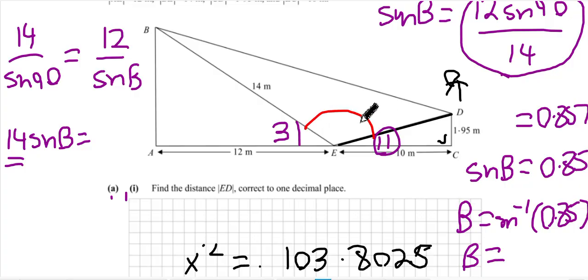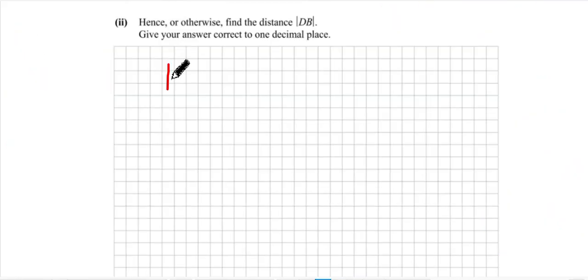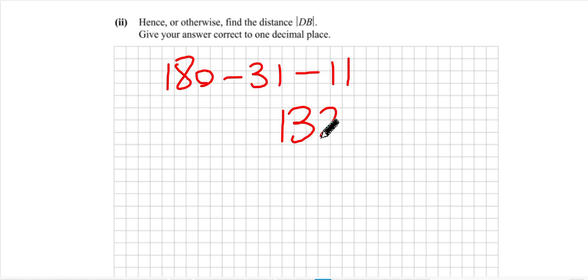How do we get this red angle here, guys? Take it away from 180. 180 take away 31, take away 11. That's all you have to do for this one. Yeah, how many people got that? Good for you, you got 138.